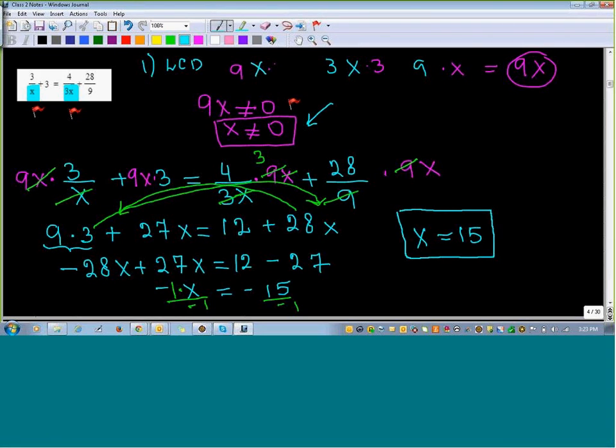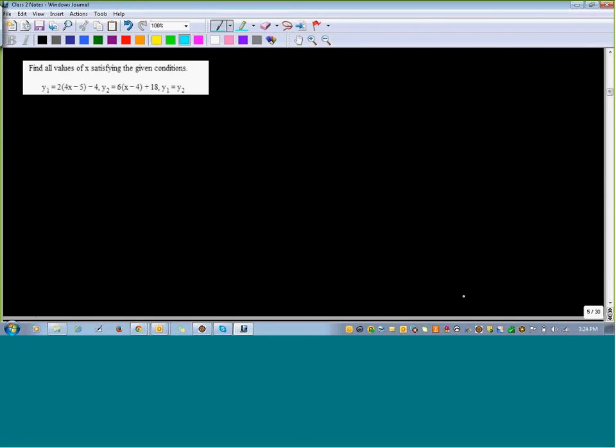Now, the next question says, find all the values of x that satisfy the given condition. They say y1 is that much, y2 is that much, and at the end they told you that y1 and y2 are equal to each other. So what you need to do is make those equal to each other.